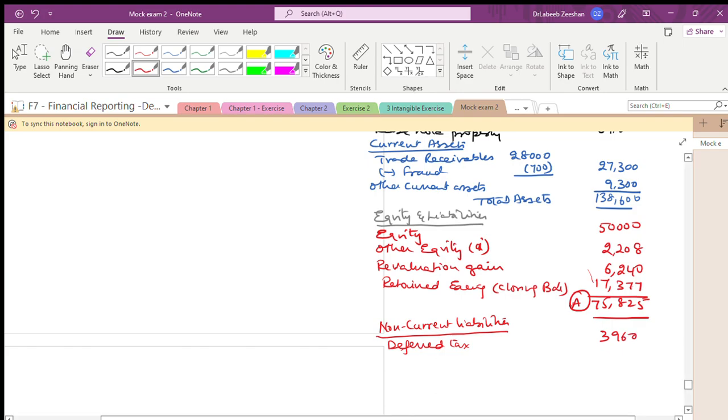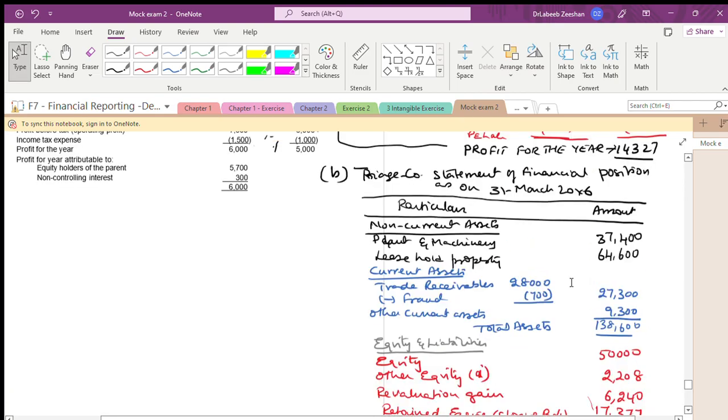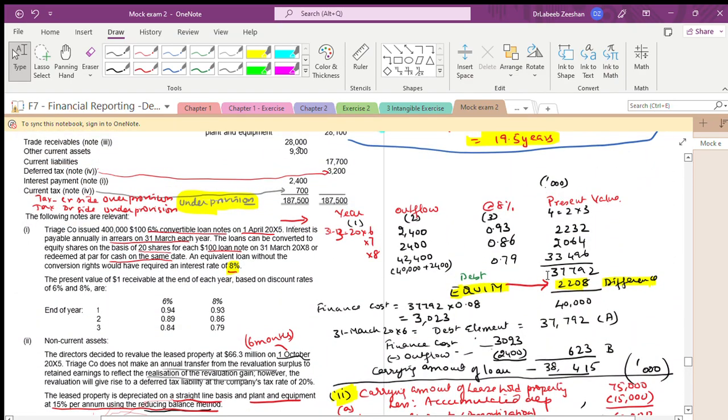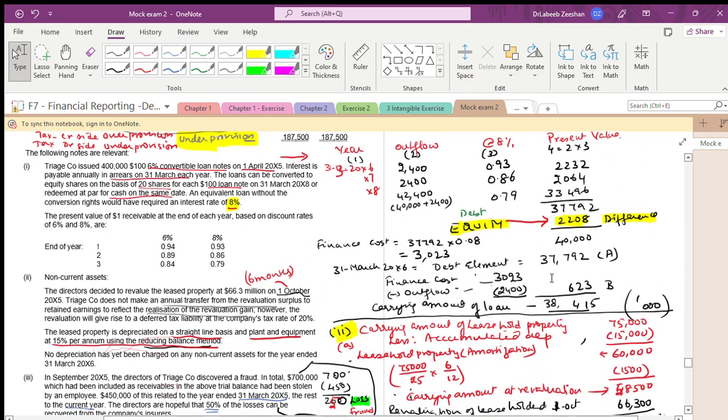Deferred tax is 3,960. You have 6% convertible bonds. We have done that in the first case. How much is that?